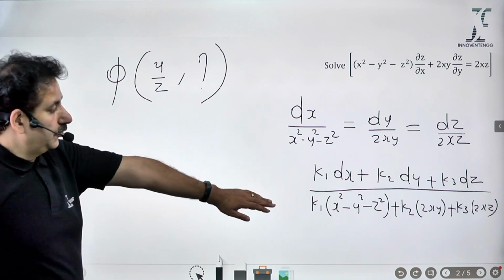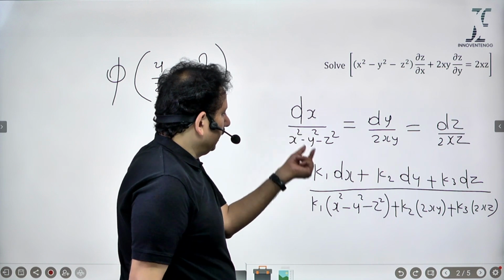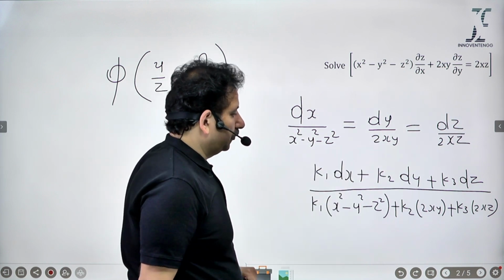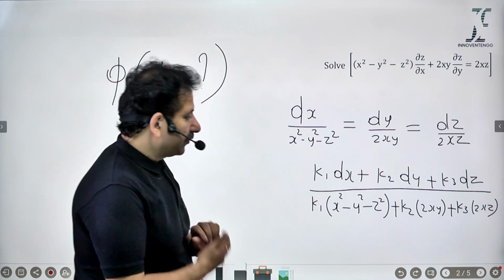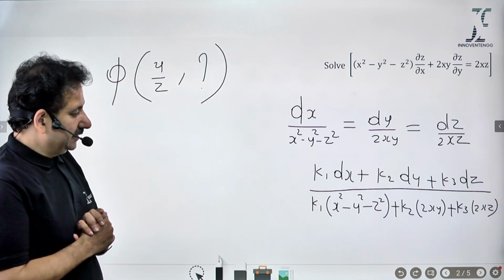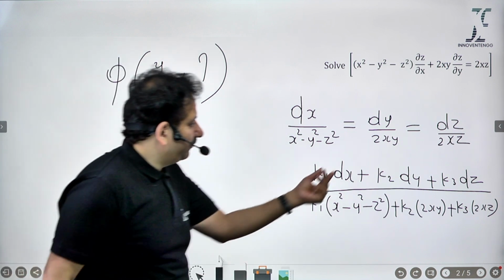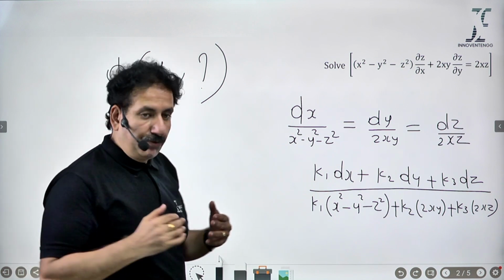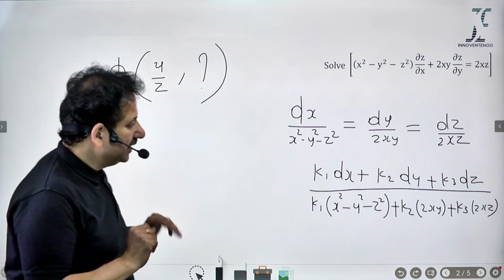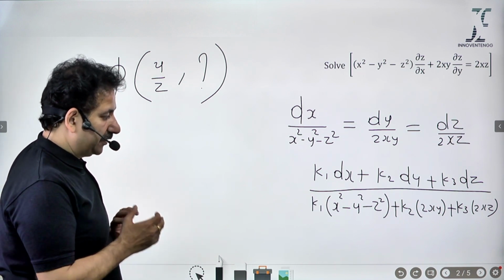So this is going to be one more ratio, and I can equate it with any of the ratios to get one more relationship. So now tell me what exactly should be k1, k2, k3 so that I can equate with any one of these, and then I would be able to get one more relationship. That requires some amount of analytical thinking. It is not very, very obvious.